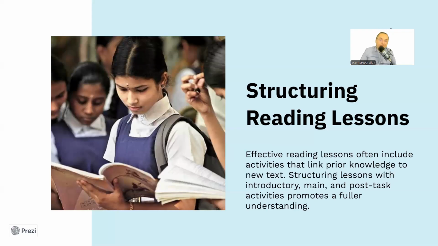So they would have to scan the text. And after that, you would want students to write a paragraph about what they think. That would be the post task. And everything was related to the central main reading text at the beginning and at the end of the lesson.